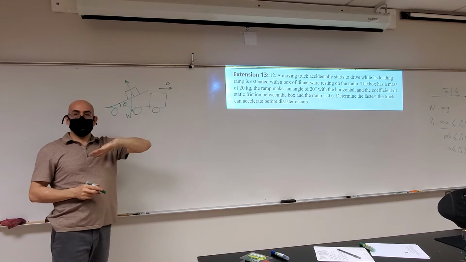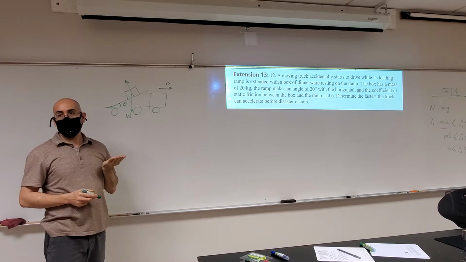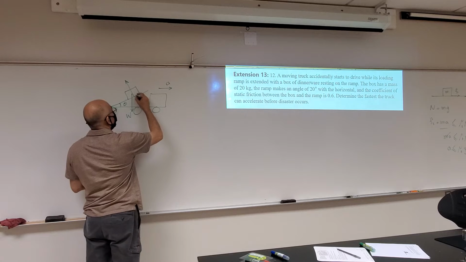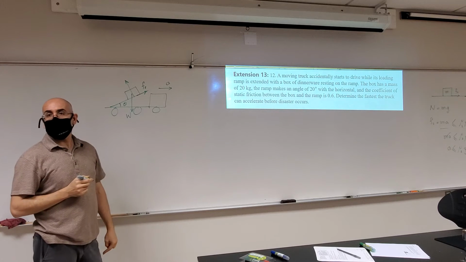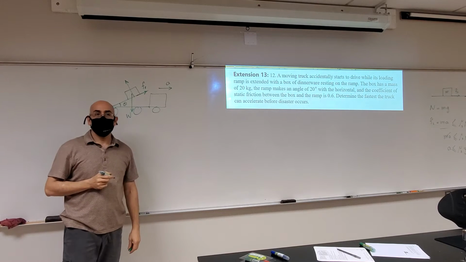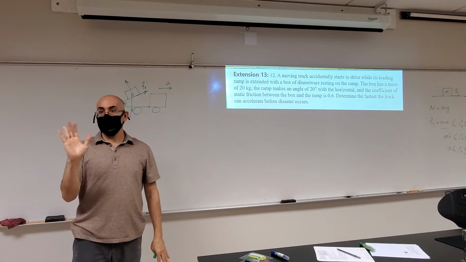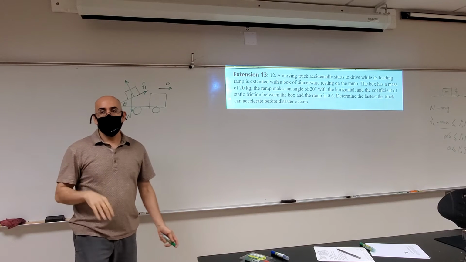It's parallel to the surface, and it is in the opposite direction of the tendency of the object to move. It has tendency to move down, so it is up here. What else? There's nothing else. There's just one surface that has maximum 2 forces, normal and friction, and nothing else, right?